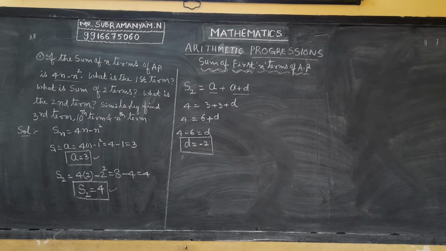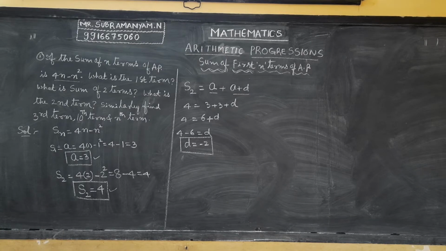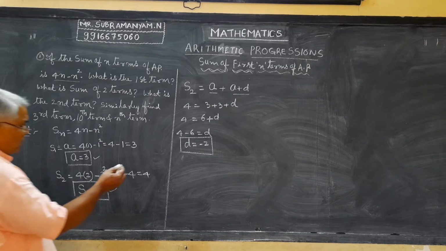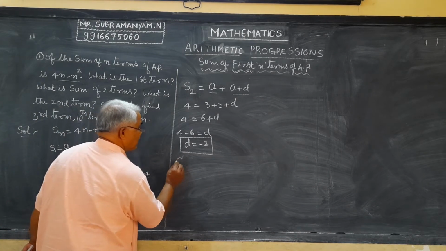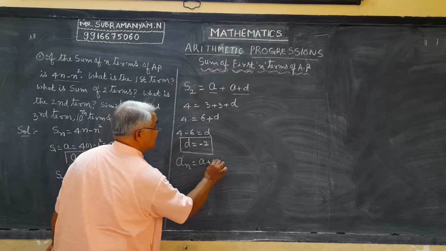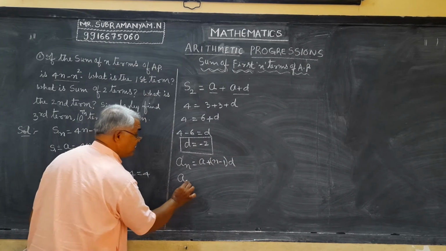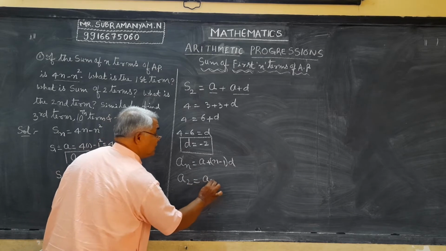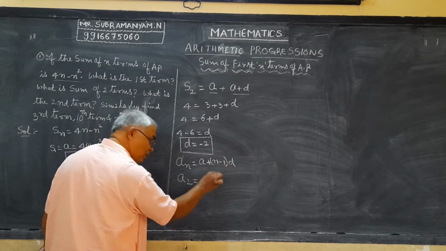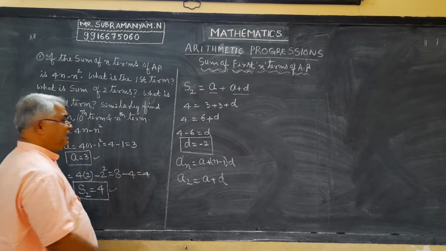Now after finding the d value, you can find the second term, third term, 10th term, any number of terms. Now, how to find the second term? What is the formula? We have the formula an equal to a plus n minus 1 into d. We know this formula very well. We want the second term, a2 equal to a plus 2 minus 1, which is 1 only, a plus d.